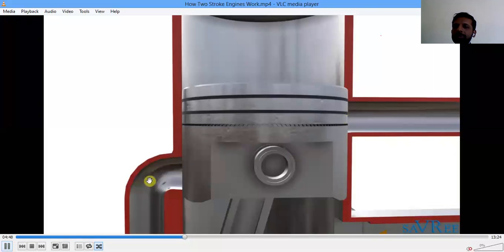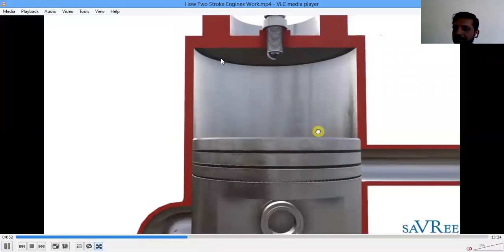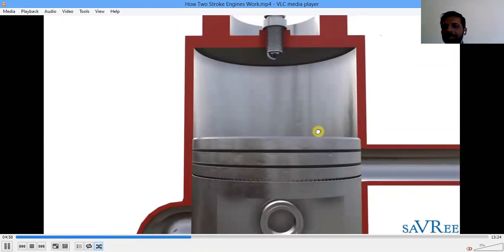So this is all. Fresh air fuel mixture has entered, compression is going to take place, combustion is going to take place, and then the power stroke is going to happen, and all the gases are also going to be let out. So all these four things, that is, fresh fuel has to enter, it has to be compressed, it has to undergo combustion, it has to receive the power because of the combustion, and the burnt gases have to flow out.